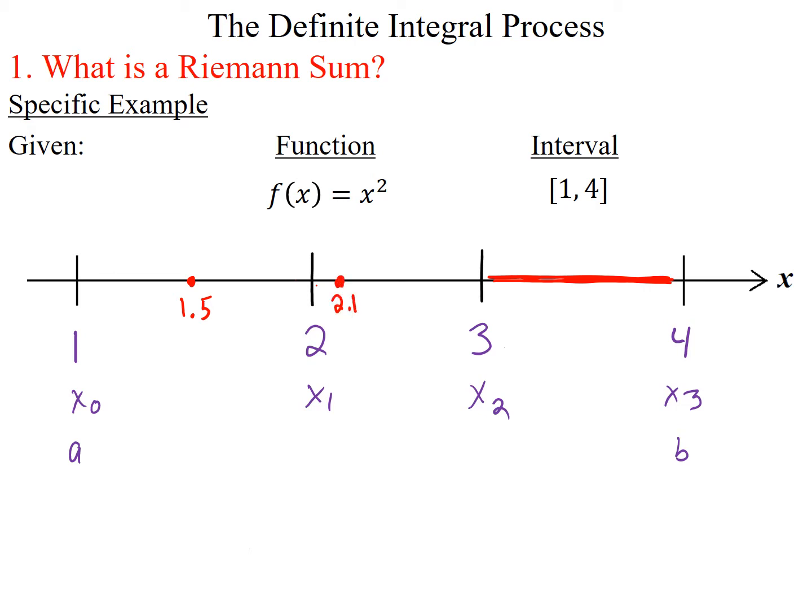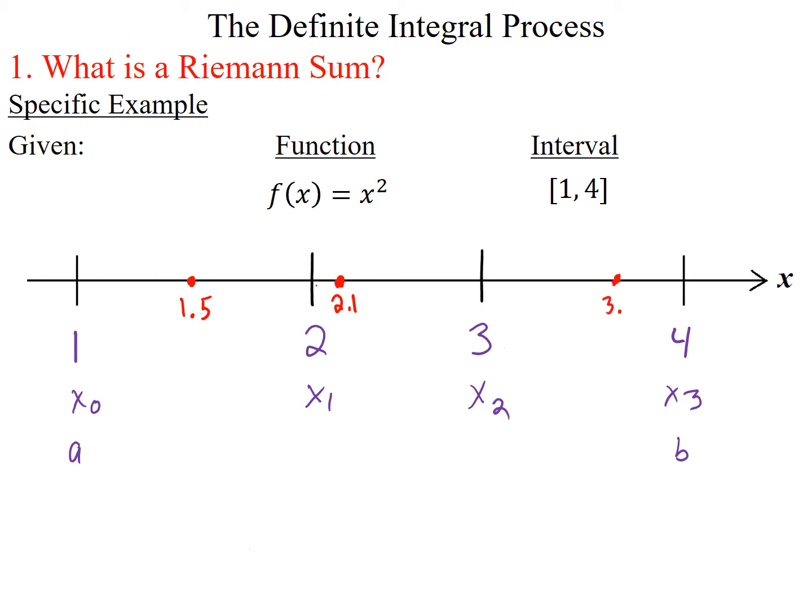And for the last subinterval, I'm going to pick a number between 3 and 4, any number I want. Again, you could pick 3 or 4 or anything in the middle. And so I'm going to pick 3.6, which is maybe somewhere right here.